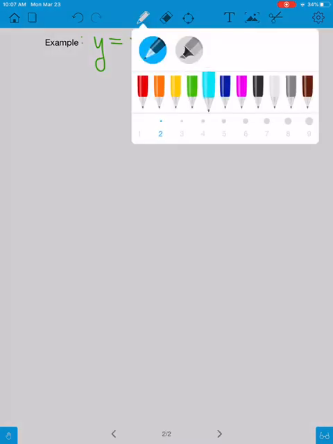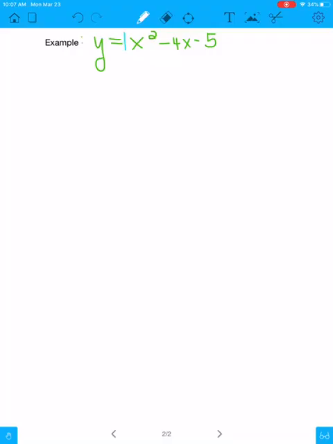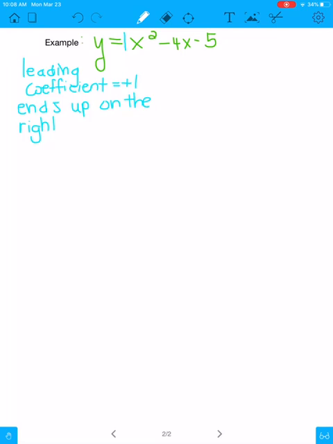If there isn't a number in front of that x squared, it's a positive 1. So I know I have a leading coefficient equal to positive 1. What does that mean? It ends up on the right, and because it's an even degree function, it's going to end up on the left too, which is quite cool.